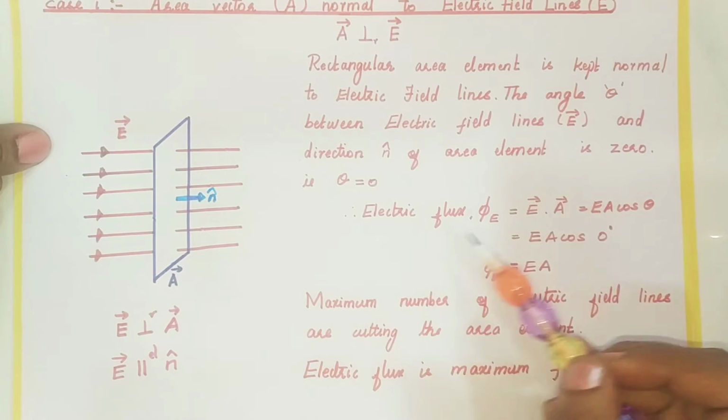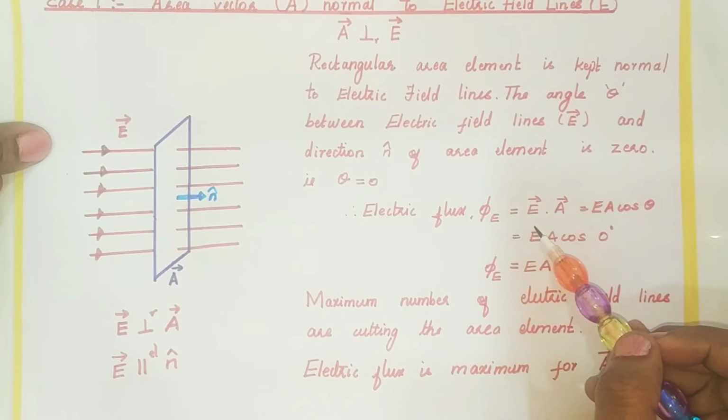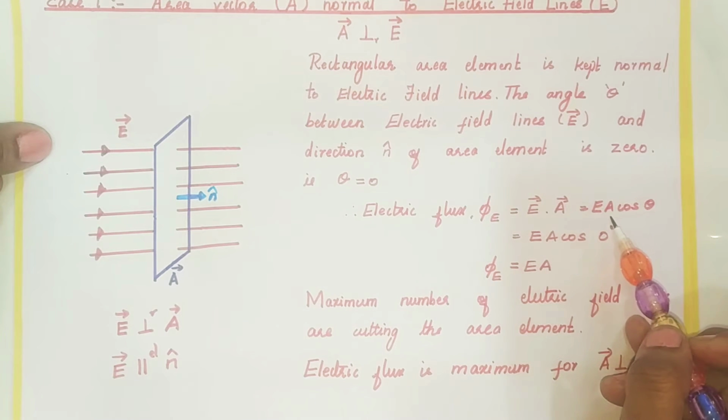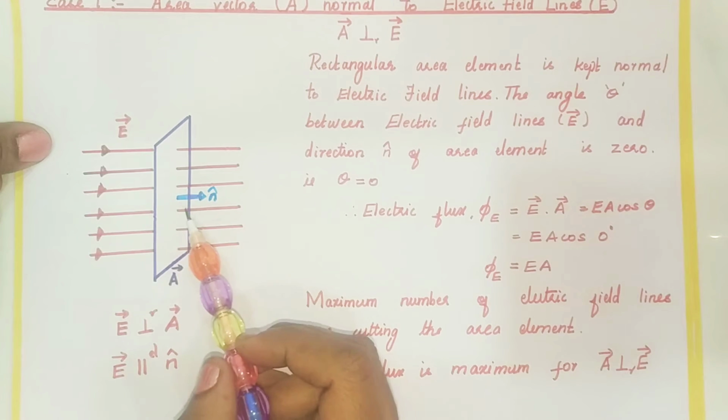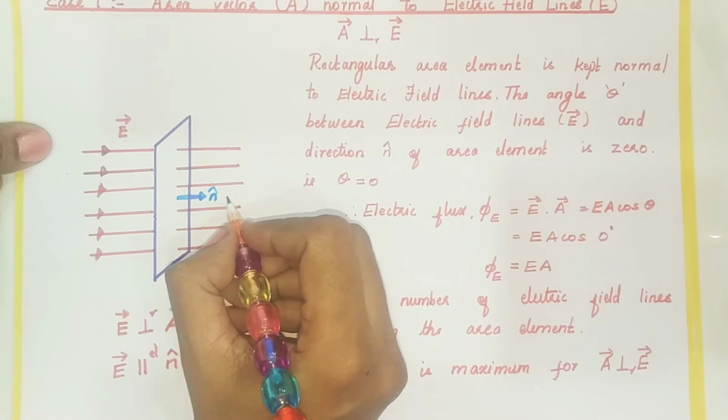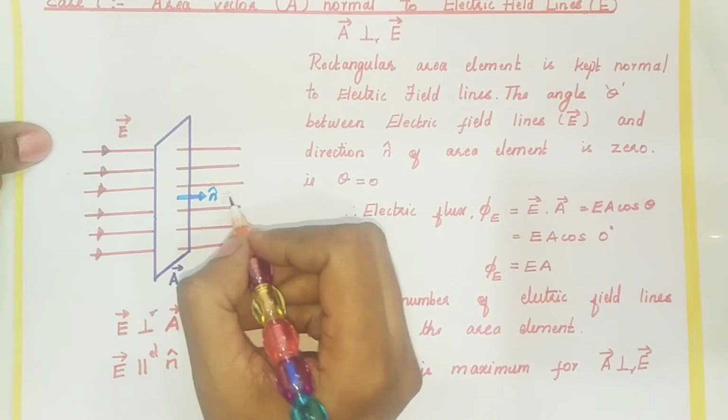For electric flux, we know that phi E is equal to E vector dot A vector and is equal to EA cos theta. And this theta we consider between E vector and n cap. What is the angle? Since they both are parallel, the angle is 0 degrees, isn't it? Here E vector and n unit are parallel to each other.